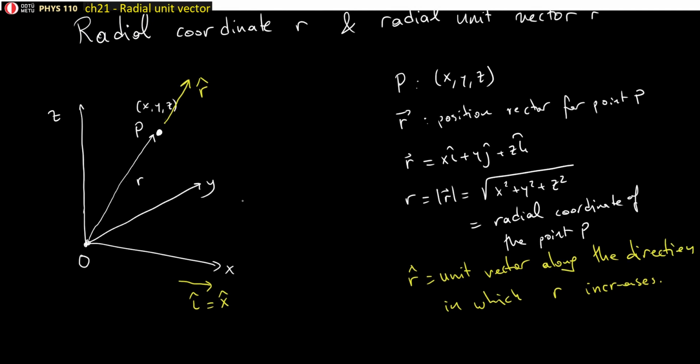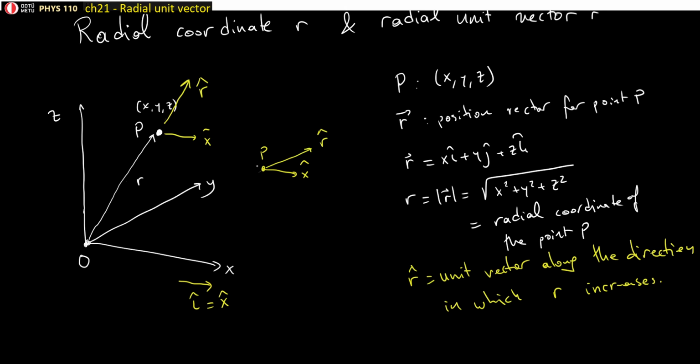But there is a small difference in here. For the case of this point, for example, the Cartesian unit vector x hat is going to be along the same direction no matter at which place the point is. That's the important property of the Cartesian unit vectors. But the direction of the radial unit vector is going to depend on where the point is.